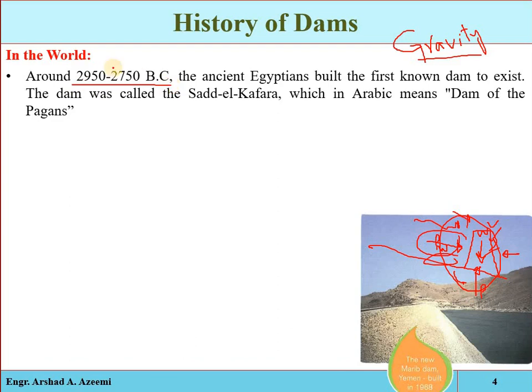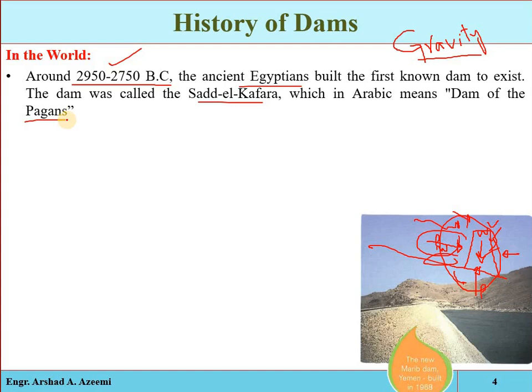From the current year 2020, that was approximately 5000 years ago, and that dam was constructed in Egypt. That dam was called Sadd el-Kafara, because it is an Arabian country, and its name means the dam of the pagans. A pagan is a person who holds a religious belief other than the main world religions.